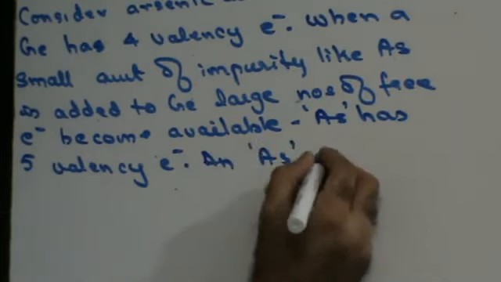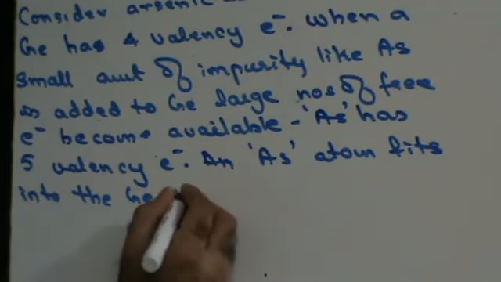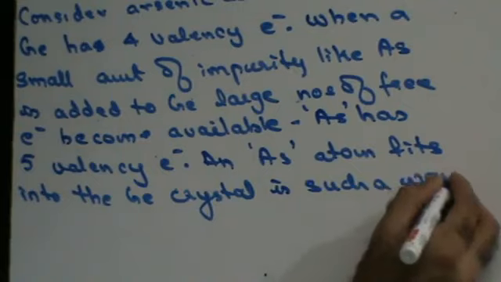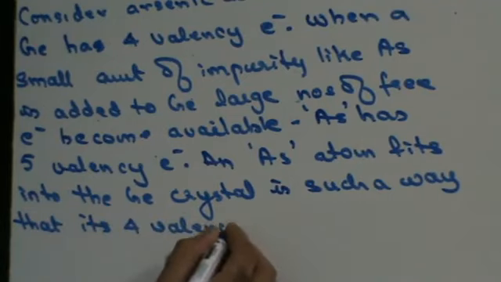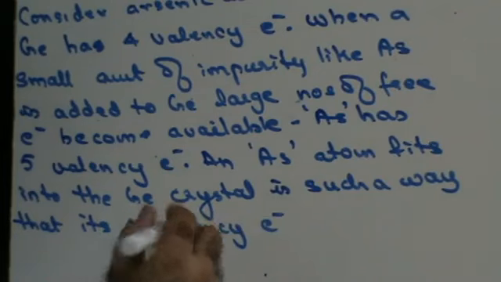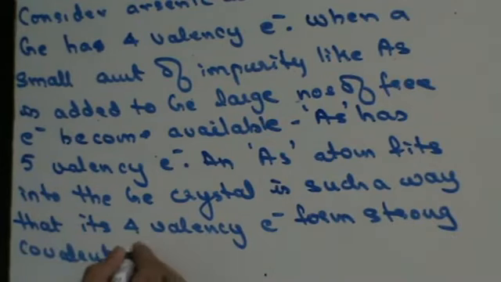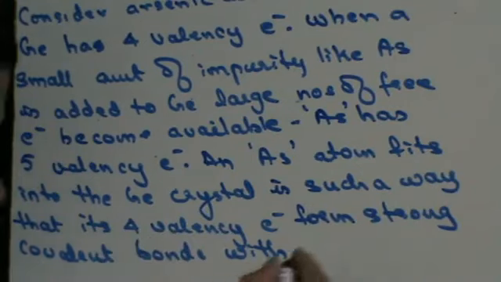An arsenic atom fits into the germanium crystal in such a way that its 4 valency electrons form strong covalent bonds with 4 neighboring germanium atoms.